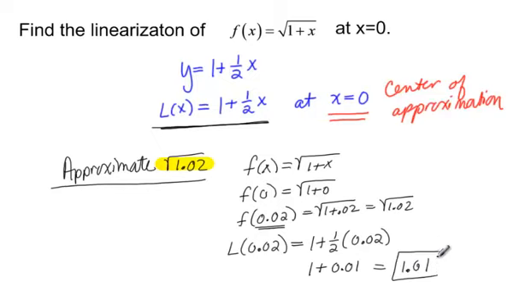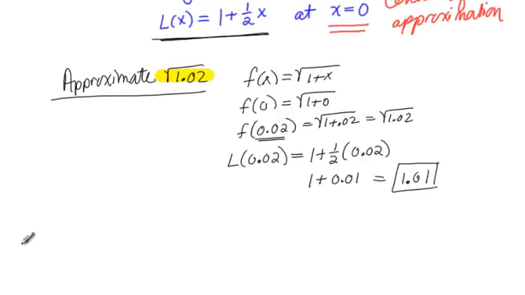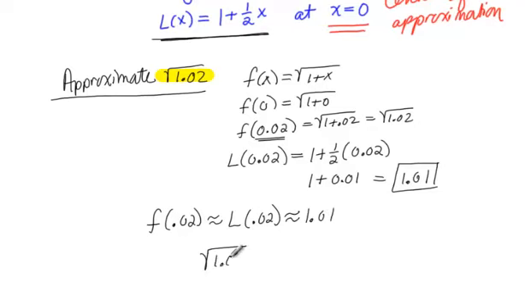So we would say that our function f of 0.02 is approximately the same as our linearization at 0.02, and we came up with 1.01. So the square root of 1.02 is approximately 1.01 using our linearization L of x.